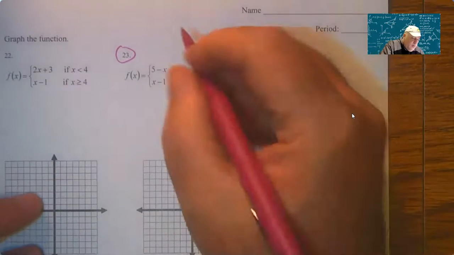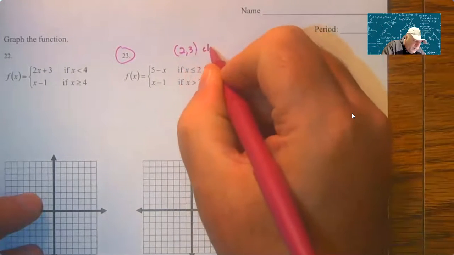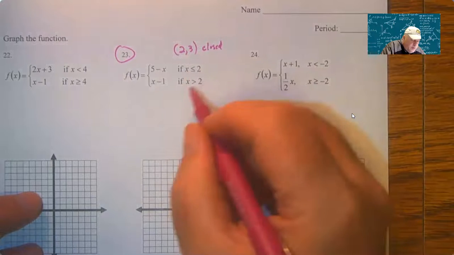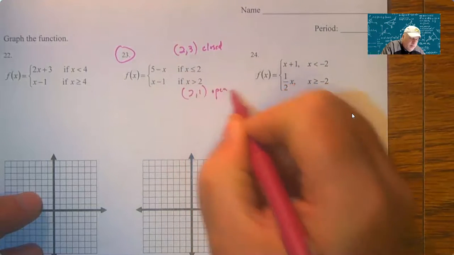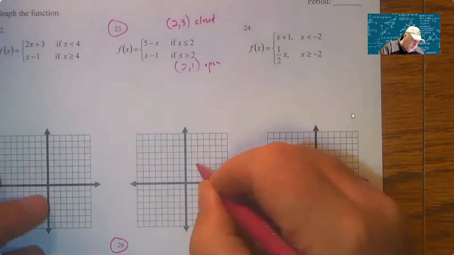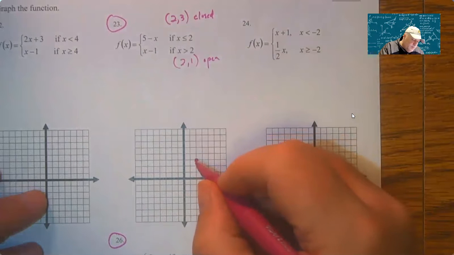Okay, so (2, 3) will be closed. And that's going to be left because it's less than or equal to 2. And then (2, 1) will be open and to the right because that's greater than. So (2, 3) closed. And then we want to apply a slope of -1.